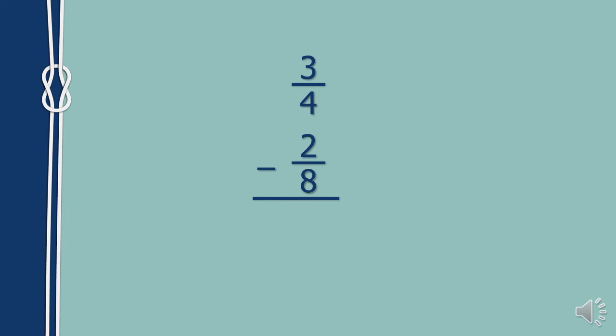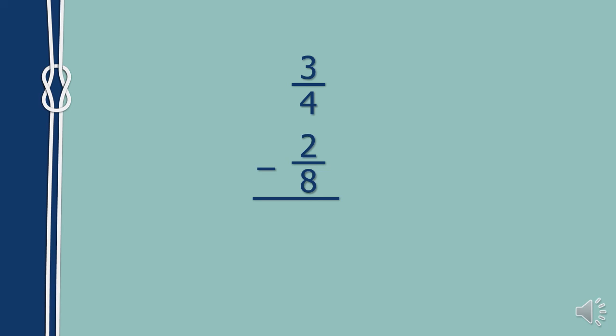Like in this one, 3/4 minus 2/8. Well, which fraction has lower terms? On the bottom, the top one does, doesn't it? 3/4, fourths are lower terms than eighths, but we could put fourths into an equivalent fraction in eighths, and to do that we would multiply by a name for 1 using the identity principle of multiplication.